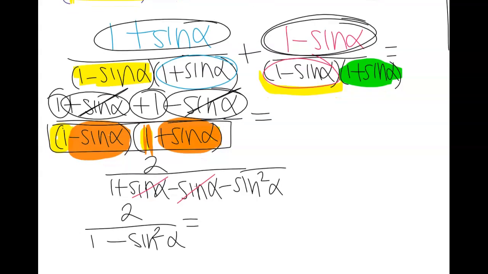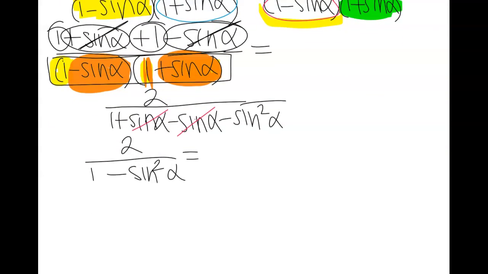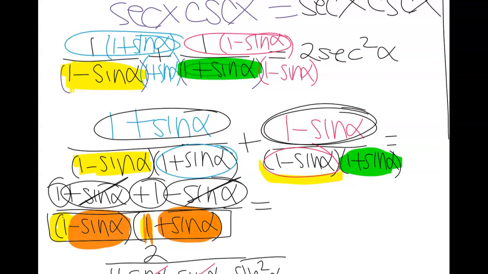From here, what we could do is use the Pythagorean identity. The reason I know that is because we're trying to get to something that contains secant.